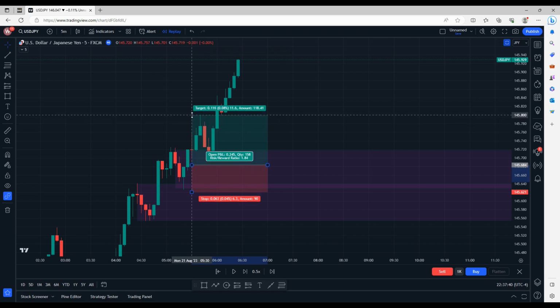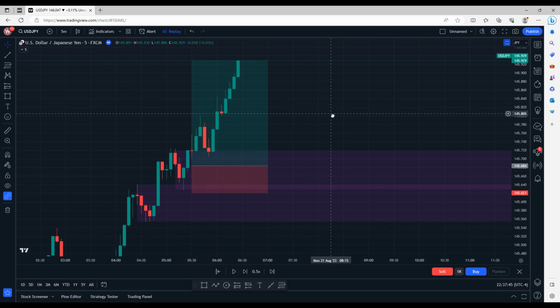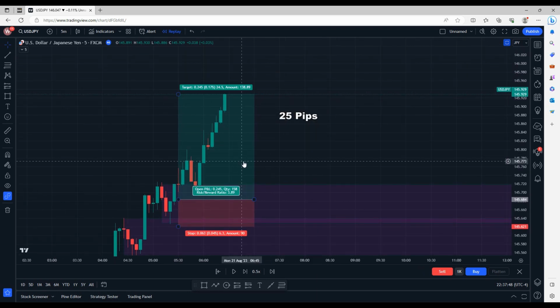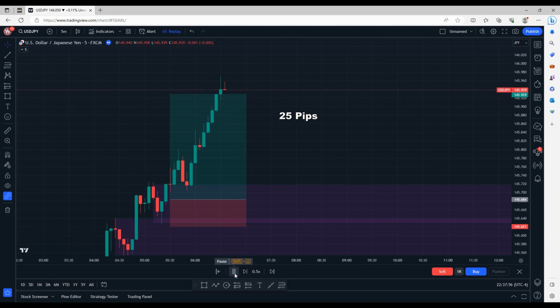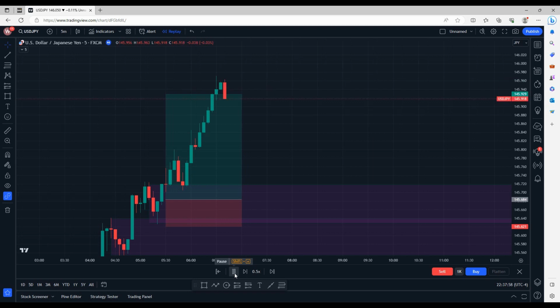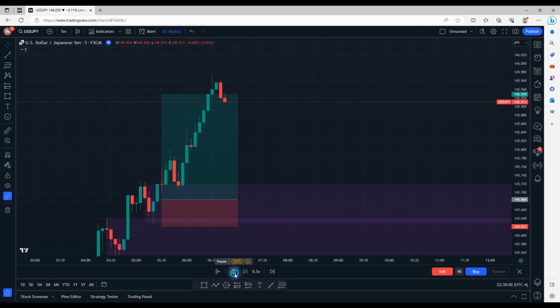Could have potentially taken profit out the way here, but it kept on going. So if you're good enough to hold, this is almost a 1 to 4, potentially more. Let's see if it keeps on going. There you go, it kept on going. This would have been a beautiful trade if you're willing to hold it.